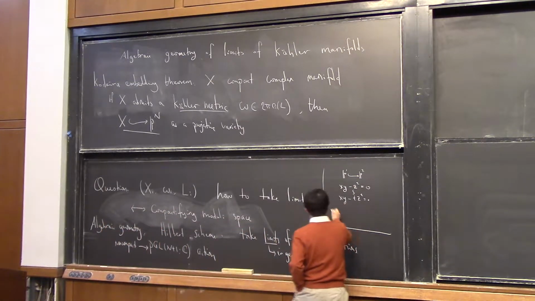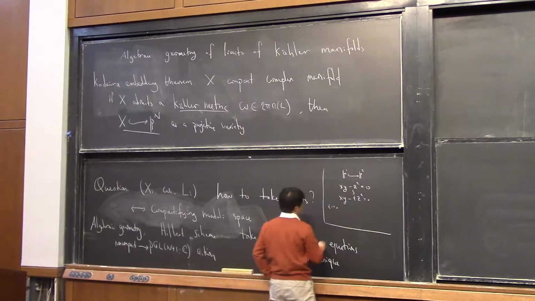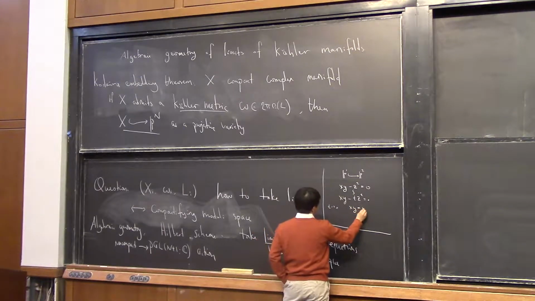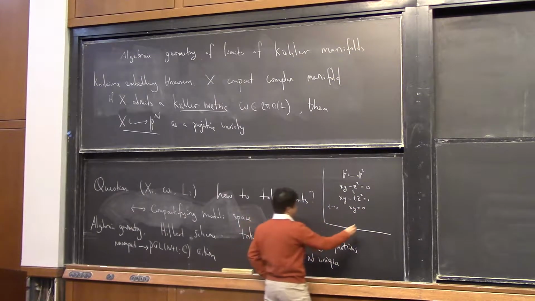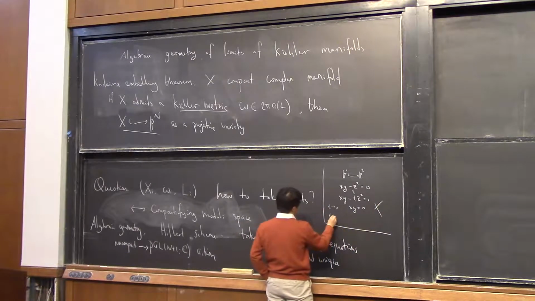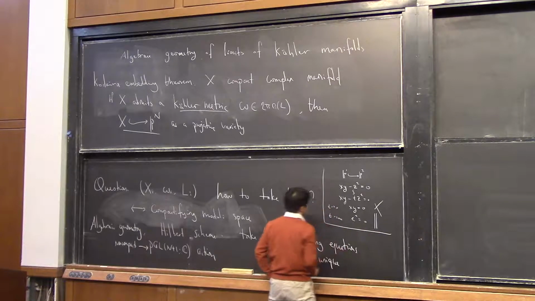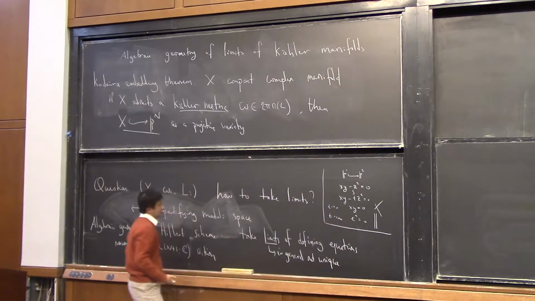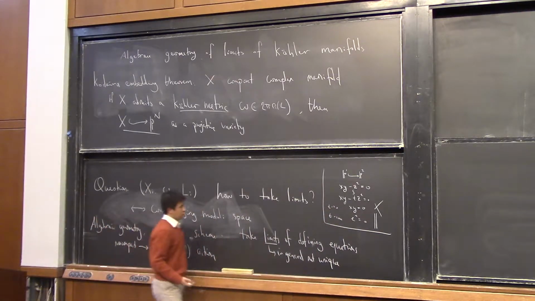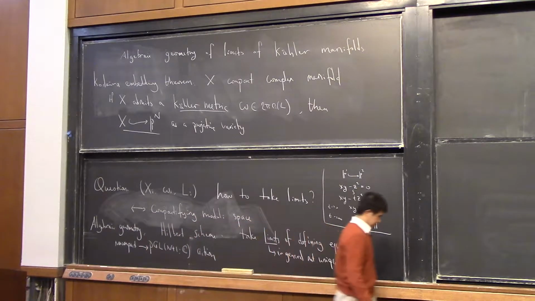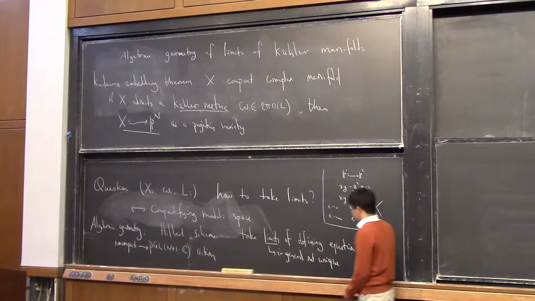But if you let t go to 0, then you get xy = 0. This is a union of two lines, and when t goes to infinity, you get z^2 = 0. It's a double line. So even for a fixed complex manifold, you can take limits, and the limit is not unique.